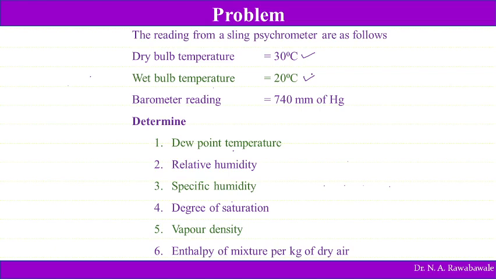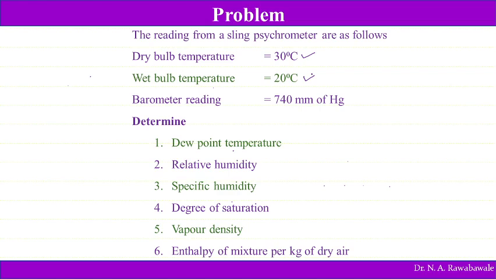Now, the barometric reading, that is the atmospheric pressure, is given as 740 mm of Hg. That is nothing but the pressure indicated by the barometer.